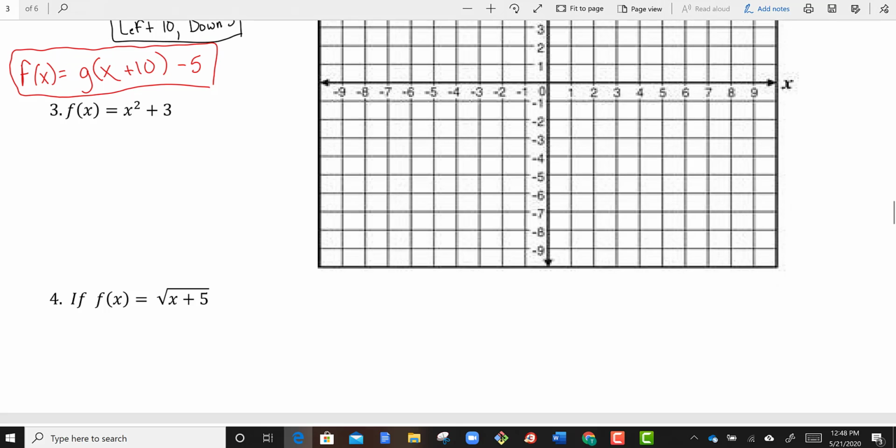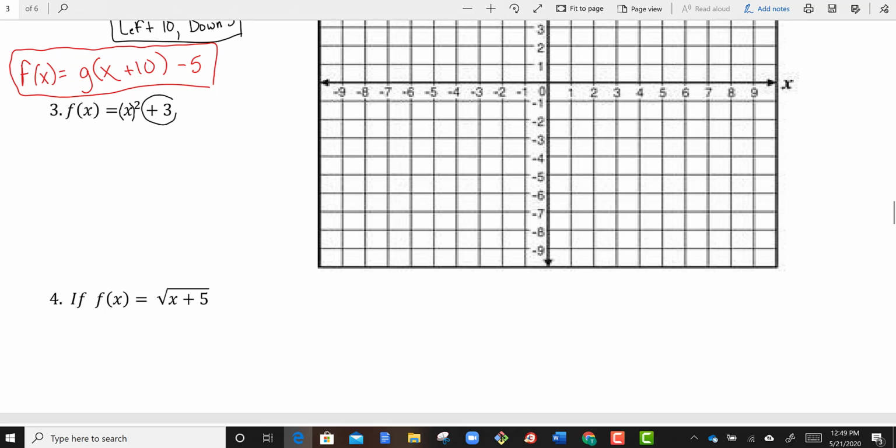Number 3 can be kind of tricky. That +3 is actually on the outside. There's no parentheses in this problem, but that's because we're only squaring one thing. So the 3 is on the outside of the mathematical operation of squaring. So you have to think of it as we're squaring a value for x, and then we're adding 3 to it. So it's affecting the y values.